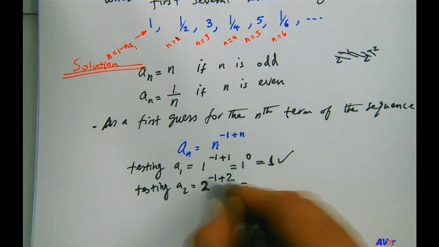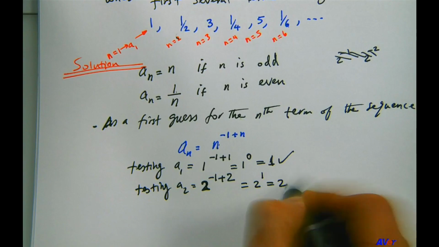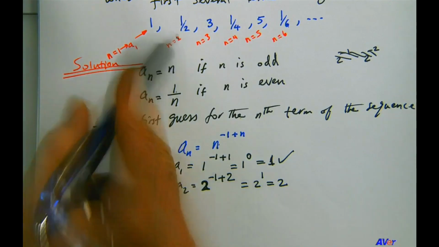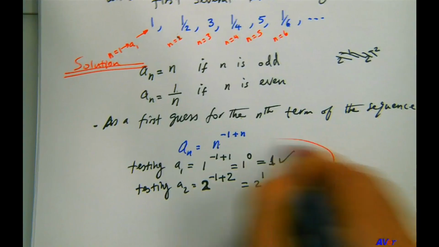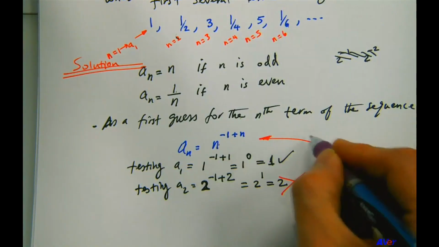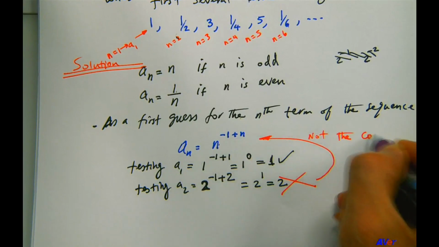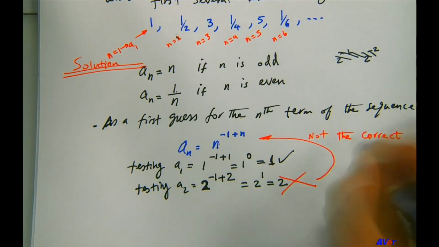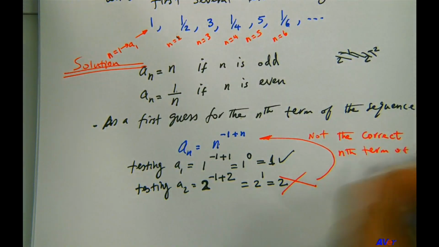So 2 minus 1, that'll be 2 to the 1 power, we get 2. Is 2 equal to 1/2? No. Because of this result, this is not the correct nth term of the sequence.